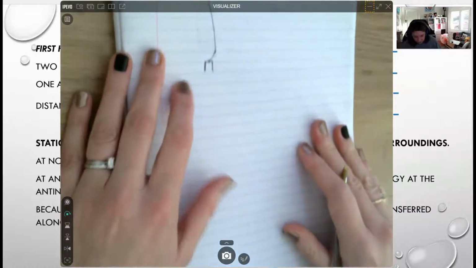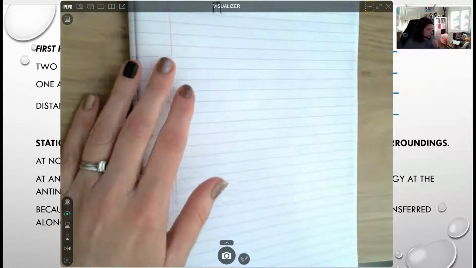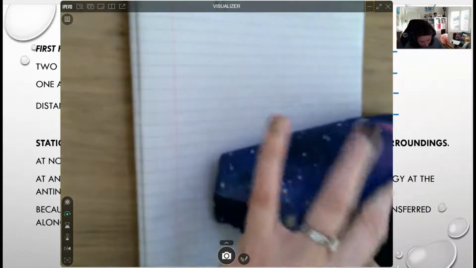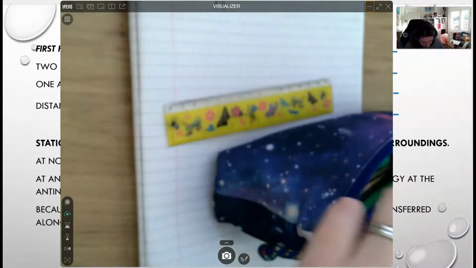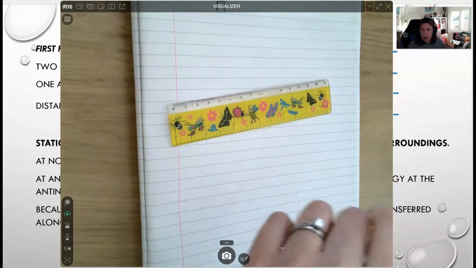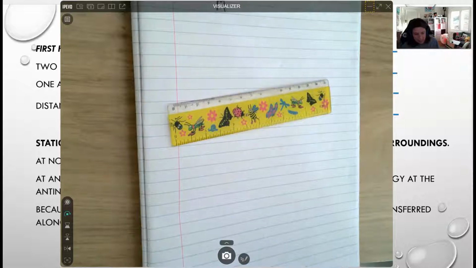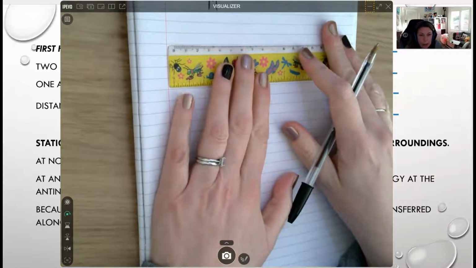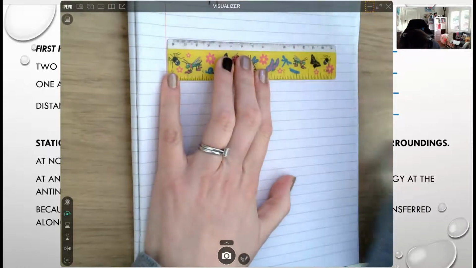Now, I'm actually going to turn this 90 degrees because it's a bit easier to draw it horizontally. That shape is called the fundamental wave, or the fundamental frequency. It's the lowest frequency I can make on a piece of string. So you have to make all of these the same length.